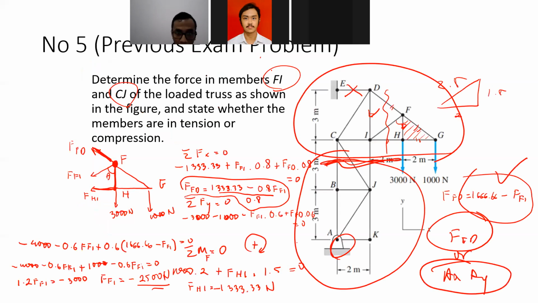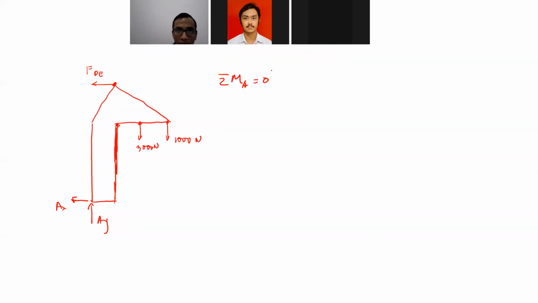Okay, using sigma moment at A, we can solve for FDE. So in that case, I will make it fast. If clockwise is positive, what we will have is 3,000 multiplied by 4 meter plus 1,000 multiplied by 6, minus FDE multiplied by what?